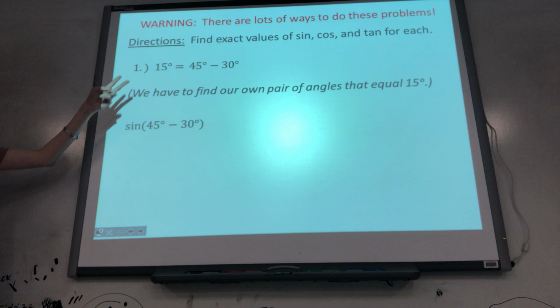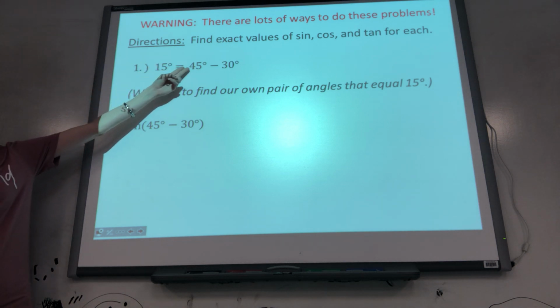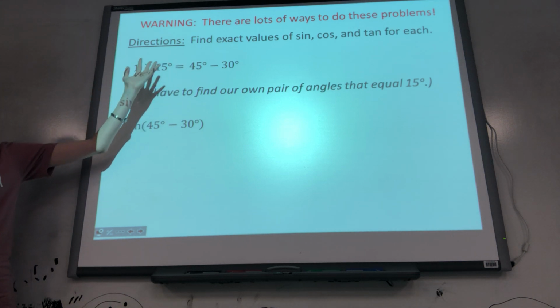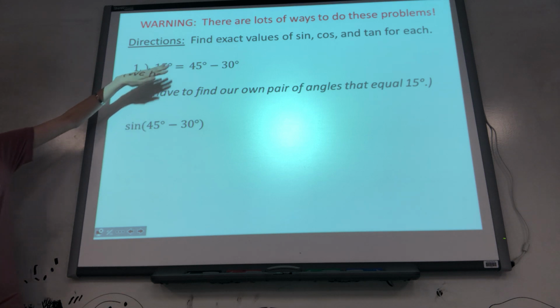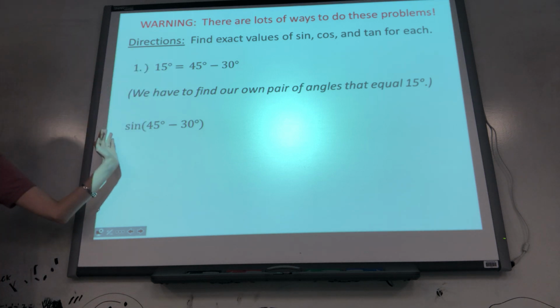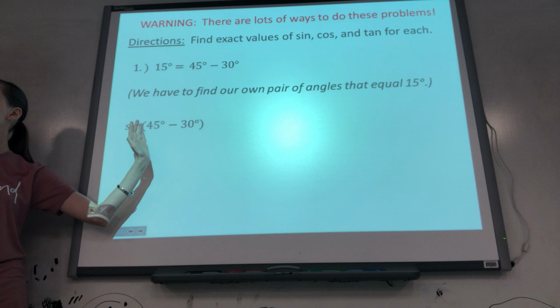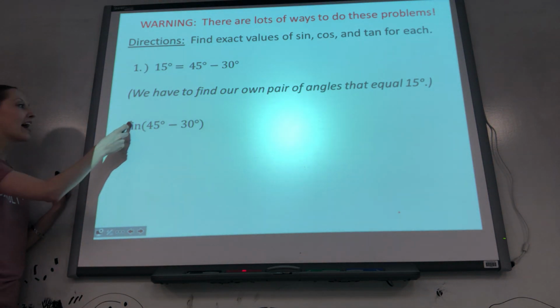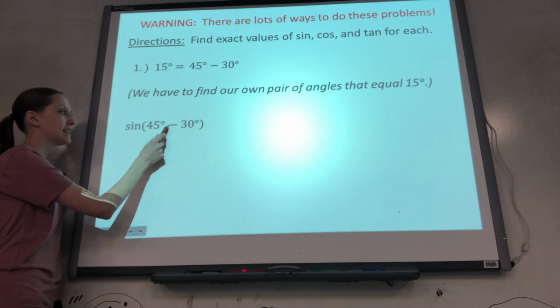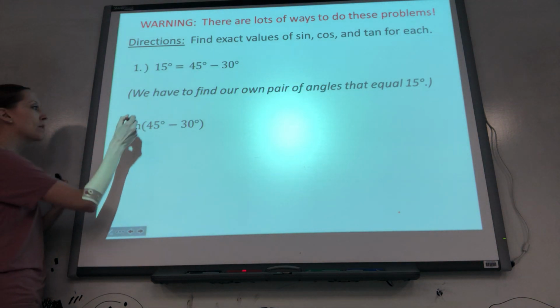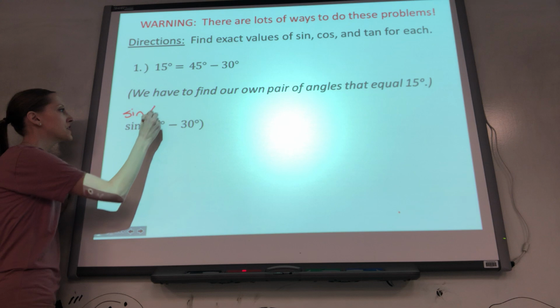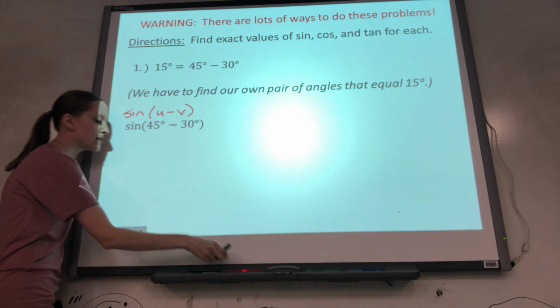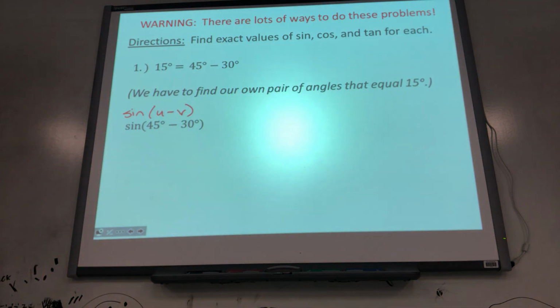I think in the notes yesterday I put sine on both sides, but you probably caught on that we don't really need the left side too much. We're just working over here. Okay, I see the sine and I see the minus. So if you look at those formulas that we have from yesterday, you want to match this up to the sine of u minus v formula.